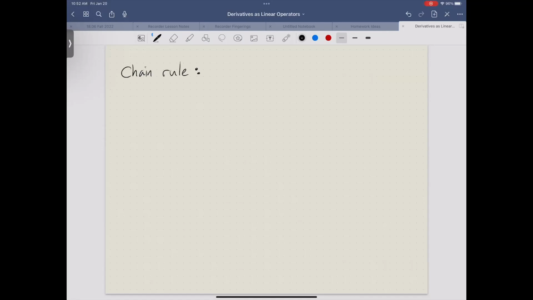So suppose we have an f of x equals g of h of x. So h of x is a function that takes some x in and gives you some vector out in some vector space, maybe numbers, maybe column vectors, maybe matrices pretty soon.